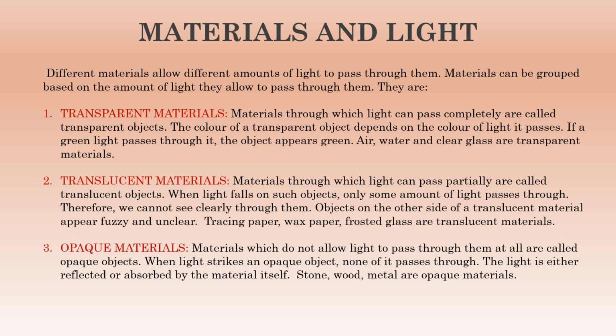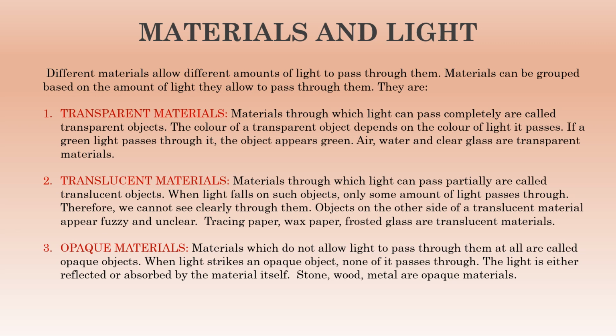Translucent materials. Now, these are materials through which light can pass partially, and they are called translucent objects. When light falls on such objects, only some amount of light passes through it.